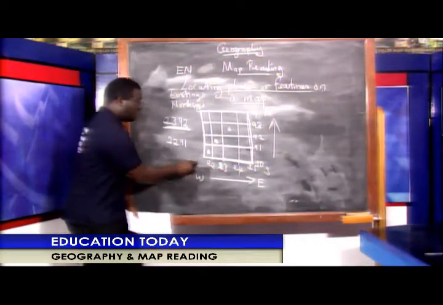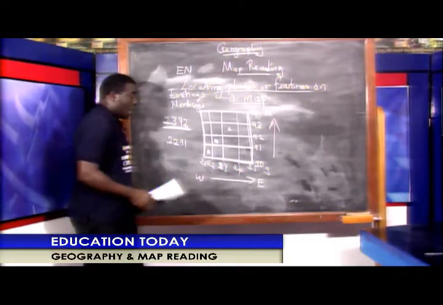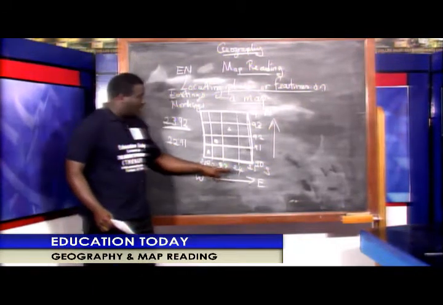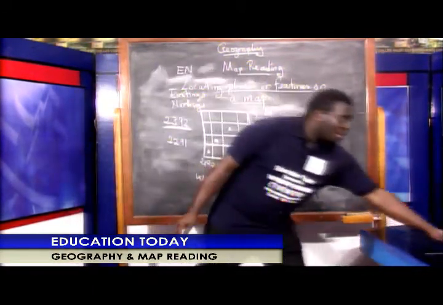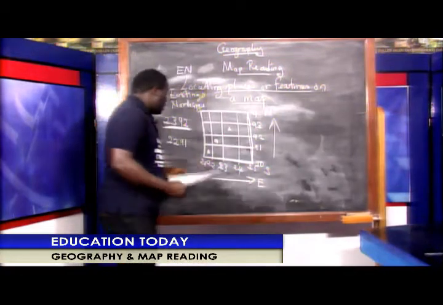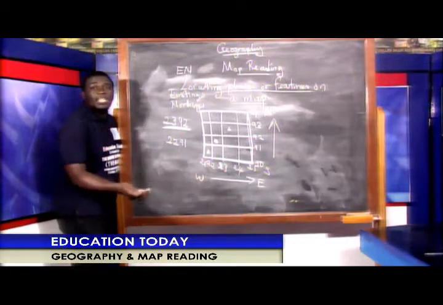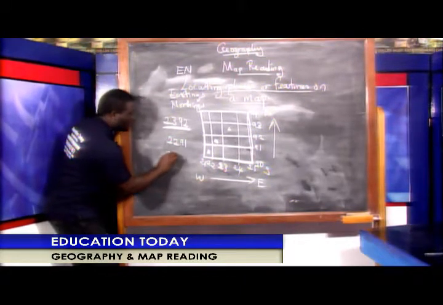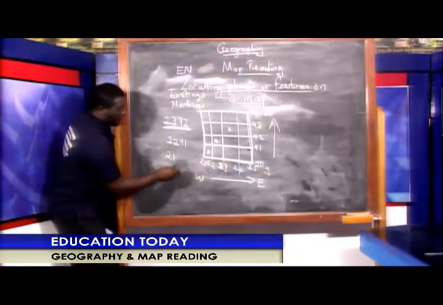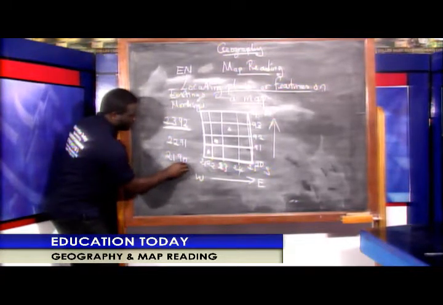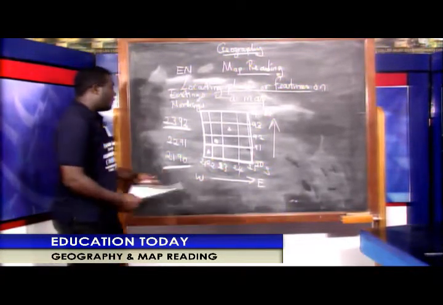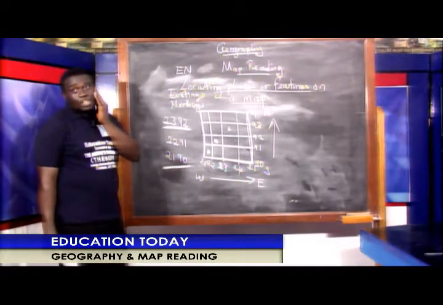The value of this feature will be 21. So we have 21, 22, 23, 24, and 25. So what's the four-figure reference of this particular feature? It is pretty simple. We have 21. What else? We have 90. That is the four-figure reference of the church.